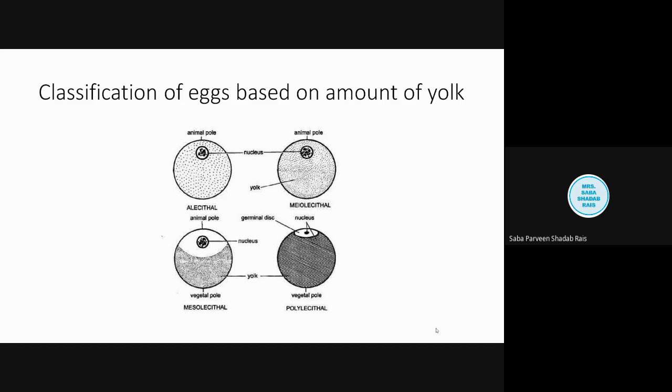So as we have seen, the development is not the same in all animals. In viviparous animals, the animal develops entirely inside the body of the mother, or you can say the mother's womb. So there is no need to make such a heavy egg with lots of deposition.